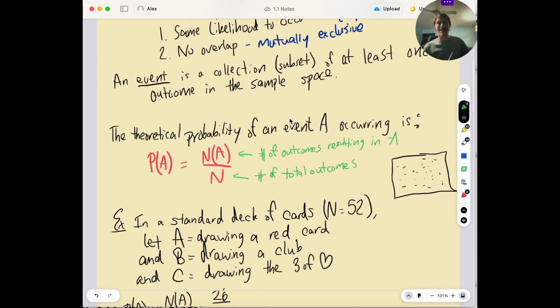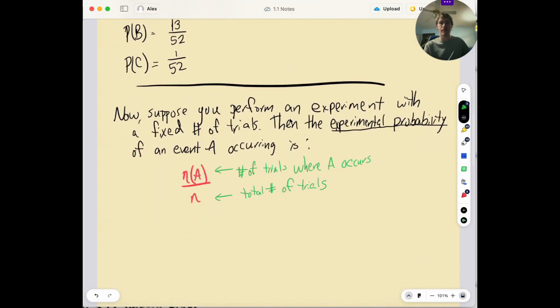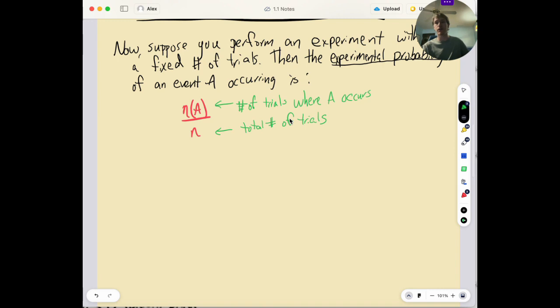Hopefully you understand why this number has to be between 0 and 1. It's impossible for an event A to be more outcomes than are in the sample space. That's just not how we defined it. An experimental probability involves trials of you actually performing an experiment and observing how many of those trials A occurs.